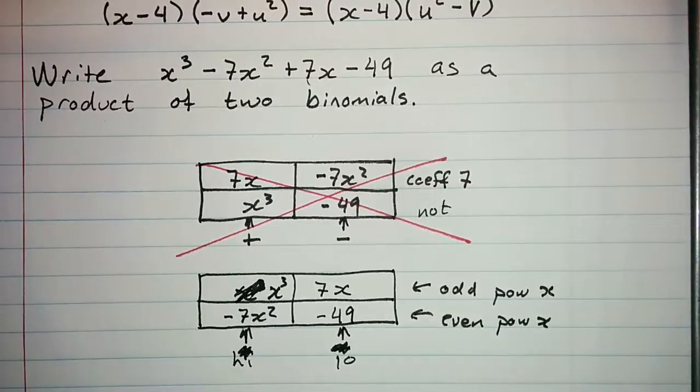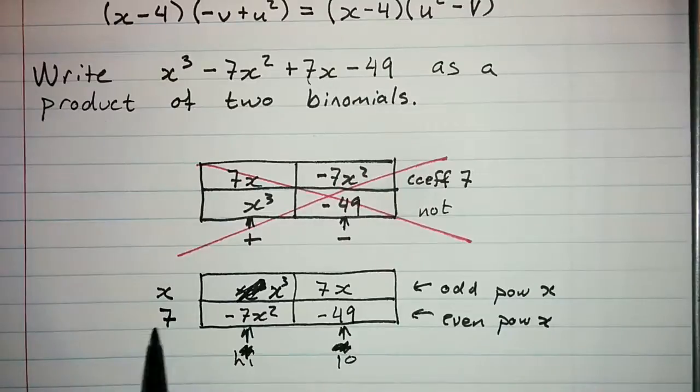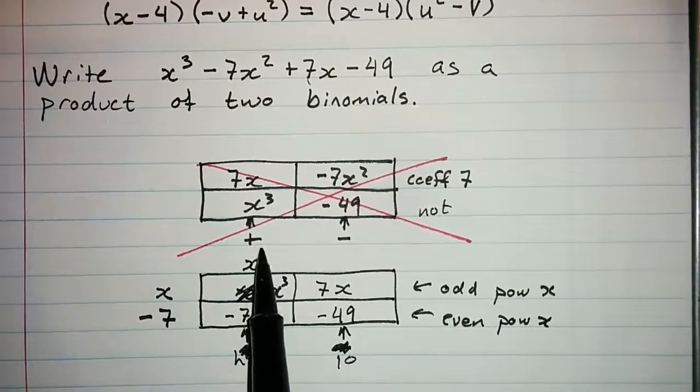All right, let's see if that worked for us, shall we? Let's see, here I see a common factor just of x. And here I think my common factor is 7, almost certainly negative. Because x times what is x cubed? X squared.